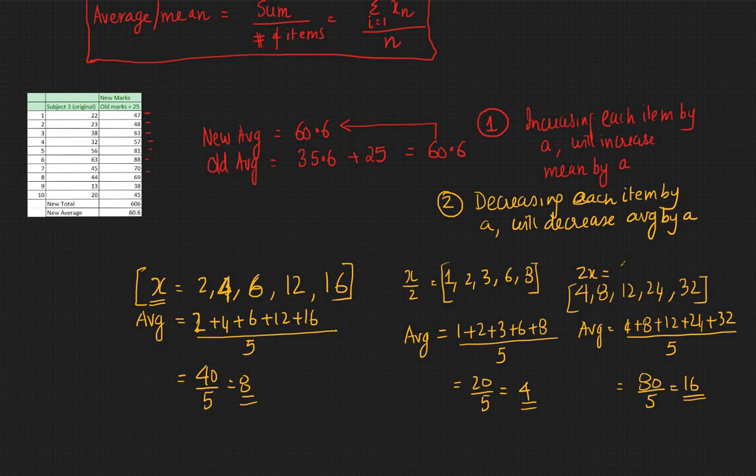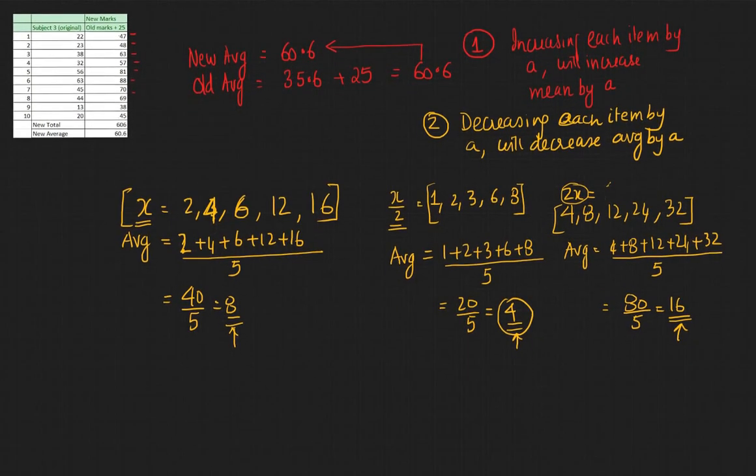So yes, if you got these as your answers for each of these cases, you're on the right track. You can clearly see that when you divide each of the values by 2, your overall average also goes down by 2, or it becomes 8 divided by 2, which is 4. And when you multiplied each of the items by 2, your average got multiplied by 2. So this is our third property that we have.